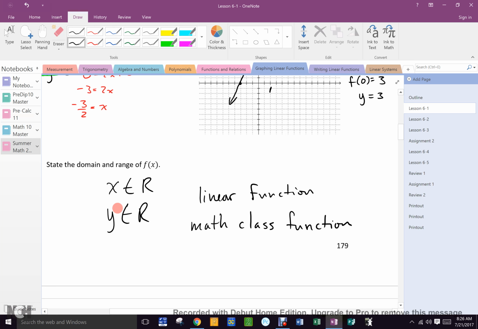Is everybody with me? In real life, it wouldn't be all real numbers, would it? Because, like when we did the pizza toppings, you can't have negative pizza toppings, nor can you have infinite pizza toppings, nor can you have fractions, right? But in math class, it's going to be everything. Everybody cool? Okay.